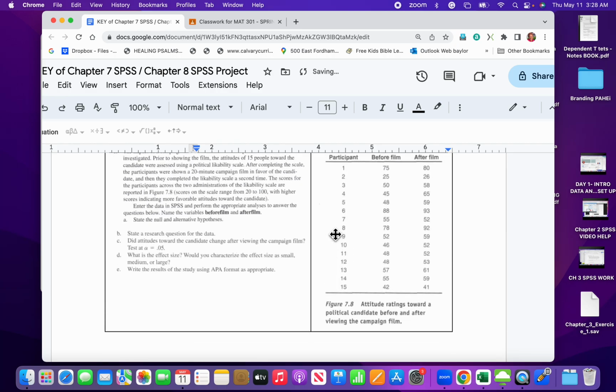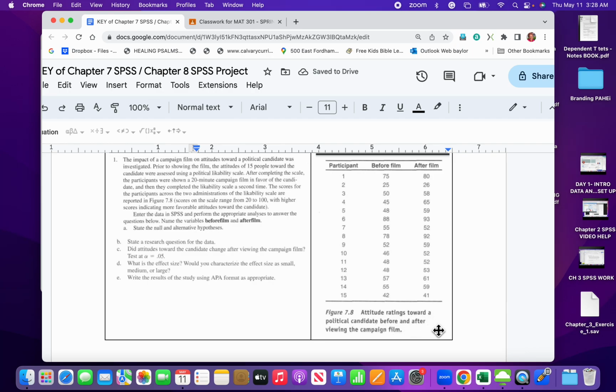That's the question. Now notice this is attitude ratings towards a political campaign candidate before and after viewing the campaign film.